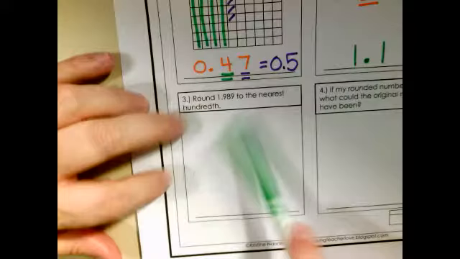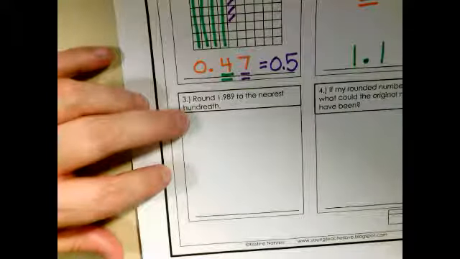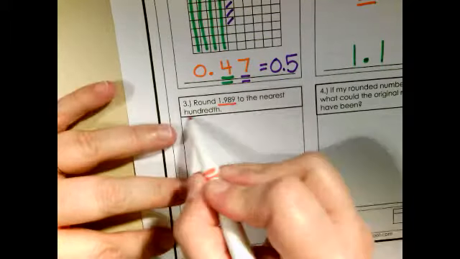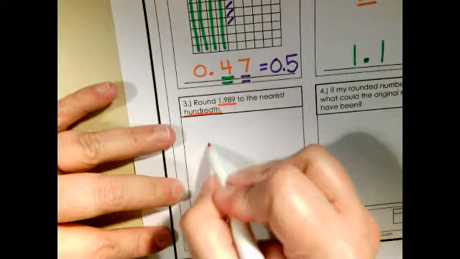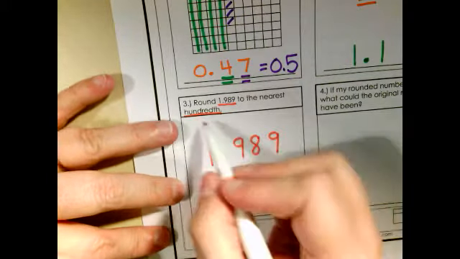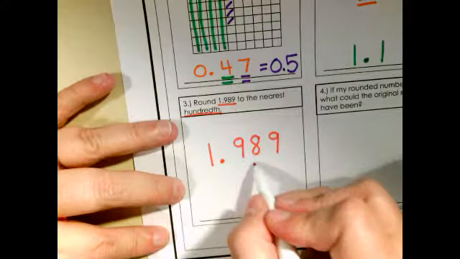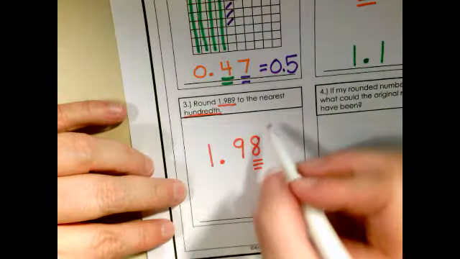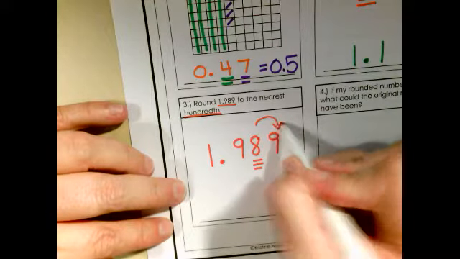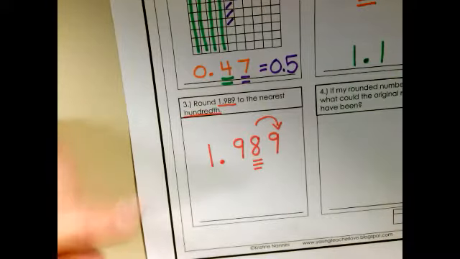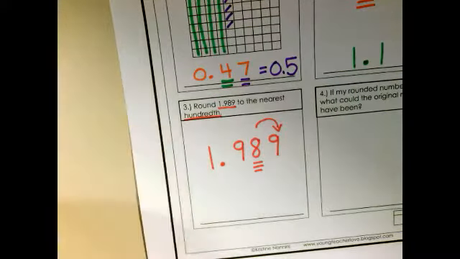Down here, let's see here, round 1 and 989 thousandths to the nearest hundredth. Once again, guys, really important to actually write these out and underline what you're looking at. I'm looking at this one, so I go next door. 5 or more, let it soar. So this 8 is going to go up 1.